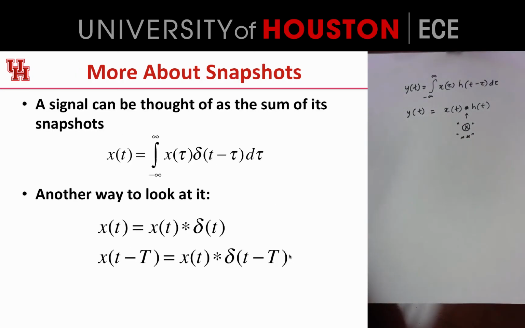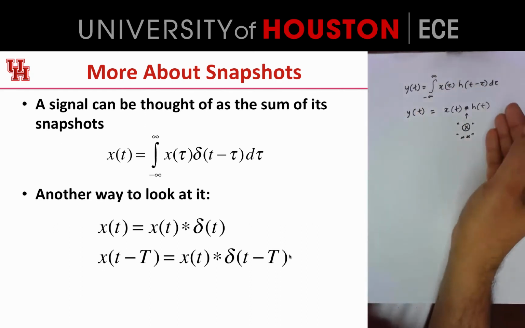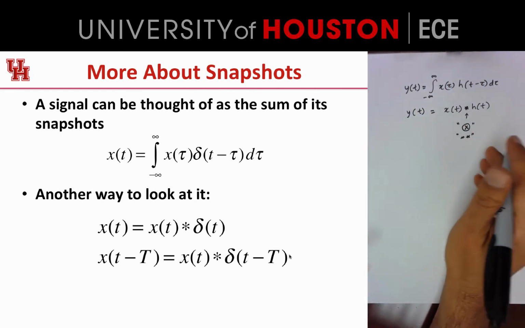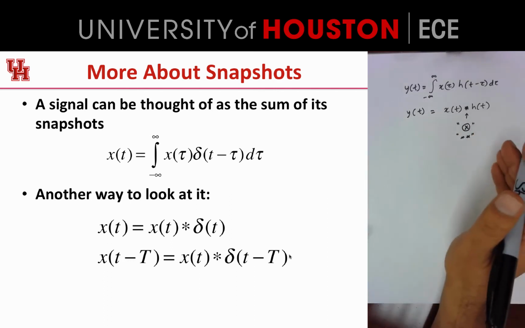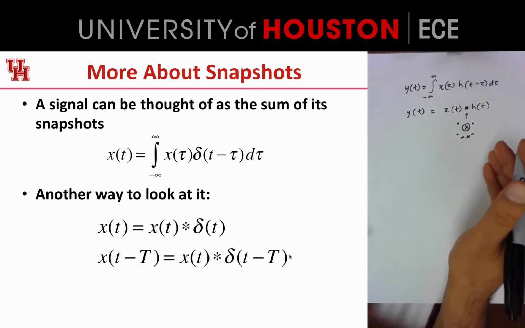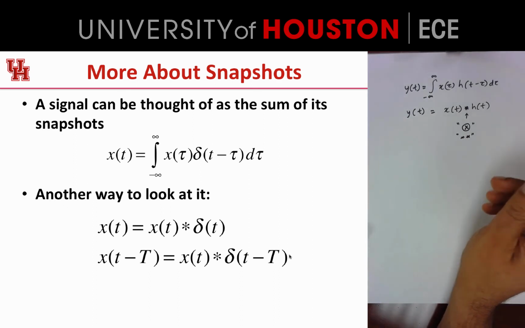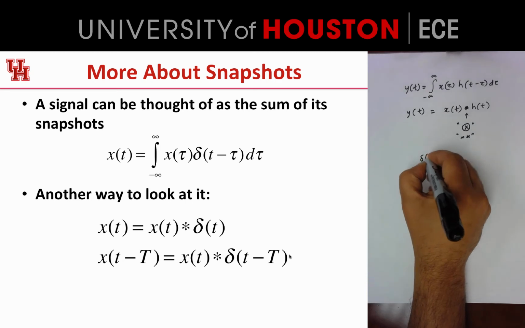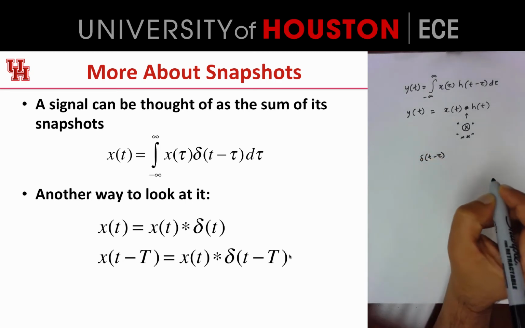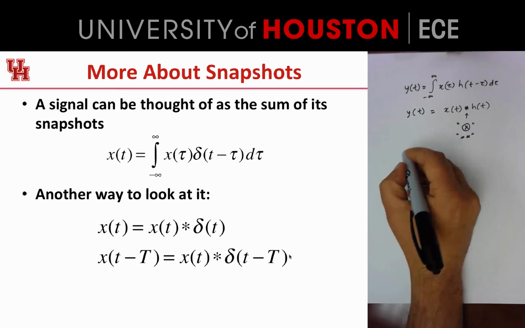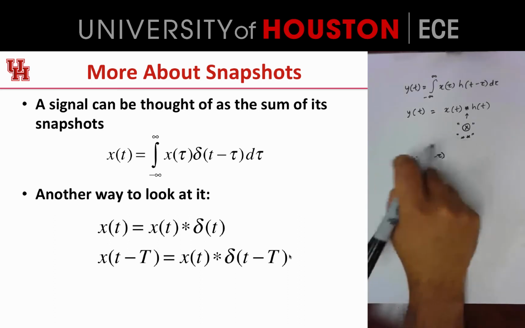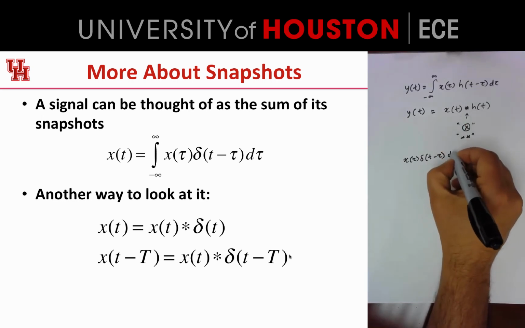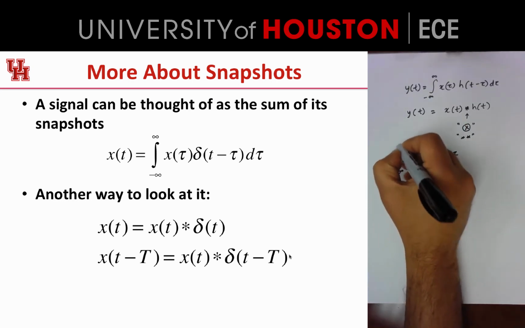So let's continue. Another way to say something I've been saying over and over again is that a signal can be thought of as an ensemble, or even a sum, of all its snapshots. So suppose I have an impulse at tau, and the snapshot at that time is x of tau. And I add up all these snapshots, which means I multiply by d tau and integrate over all this.